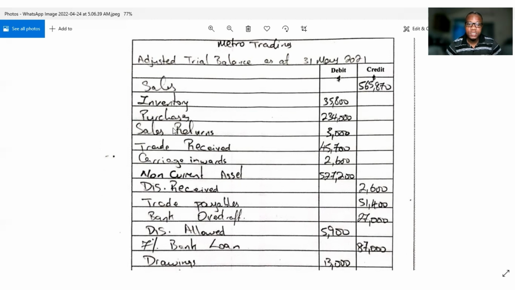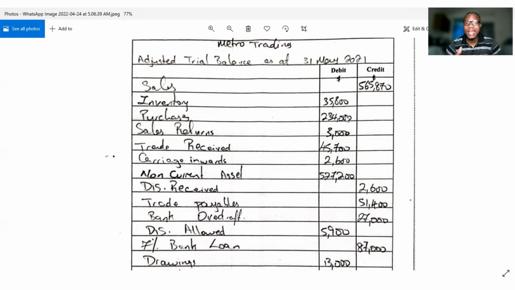Inventory, purchases, sales returns, trade receivables, basically debtors, carriage inwards, non-current assets, all of these carry debit balances. Trade receivables is a current asset. Carriage inwards is an expense that carries a debit balance as well.